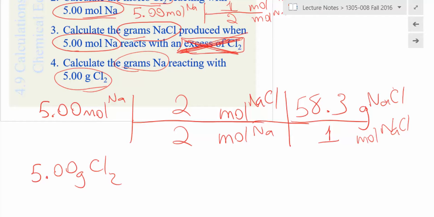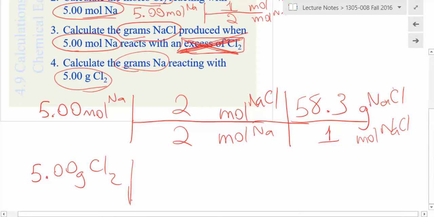Okay? So, what is the first thing I need to do if I start in grams? I have to get it to moles because I cannot do the stoichiometry if it is in grams. So from the grams of Cl2, I go to the moles of Cl2.